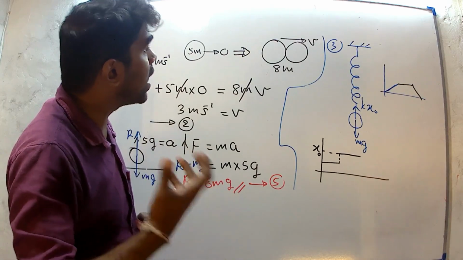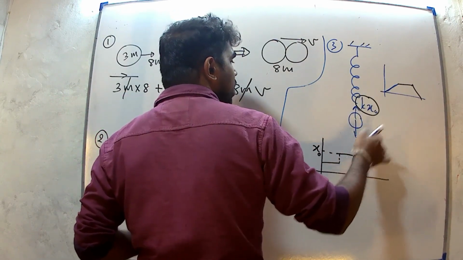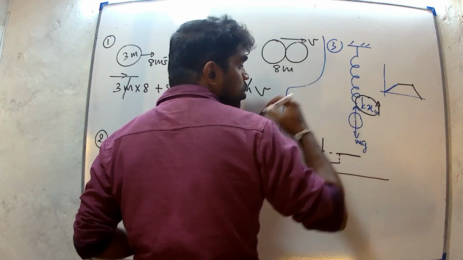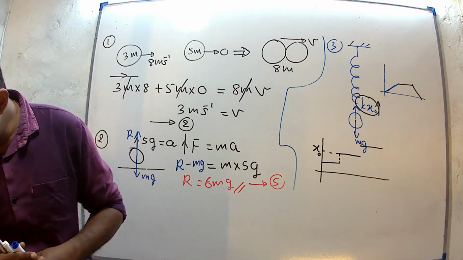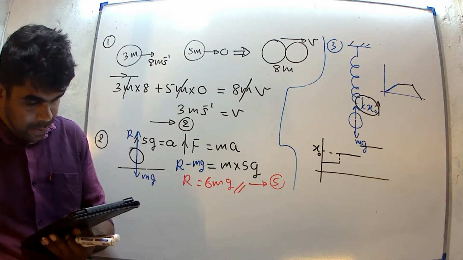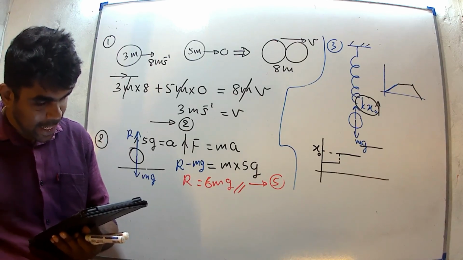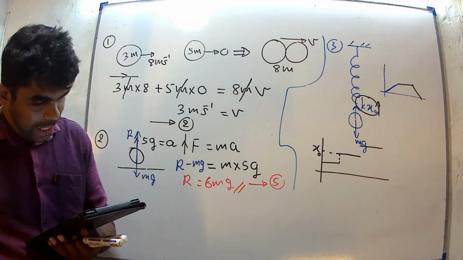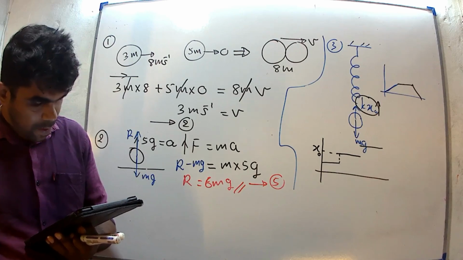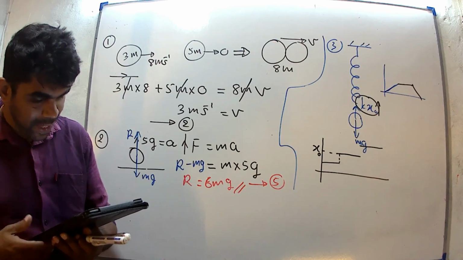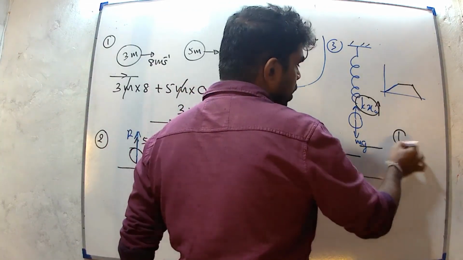If there is an acceleration in upward direction, this force should be greater than this one. Therefore, extension should be greater than x naught. The graph should be like this. Then we can consider less than x naught, equal to x naught, and greater than x naught. But in the given graph, x naught values are not given in the correct position. But we can get the shape. Then the answer should be 1 for question number 3.